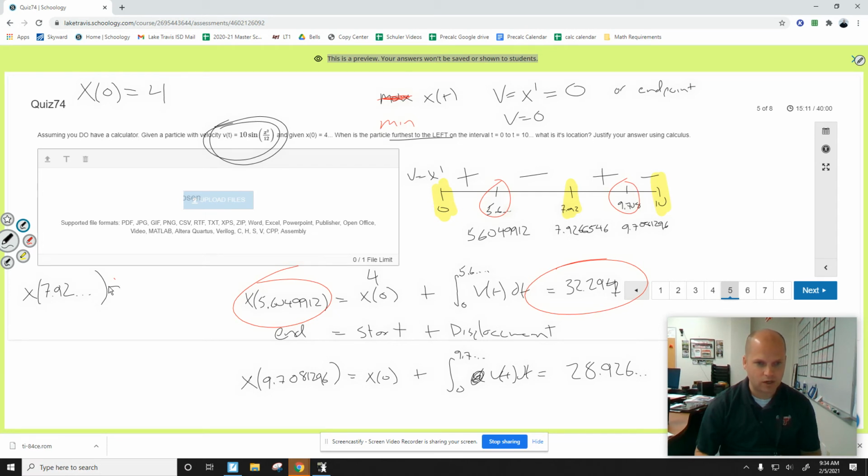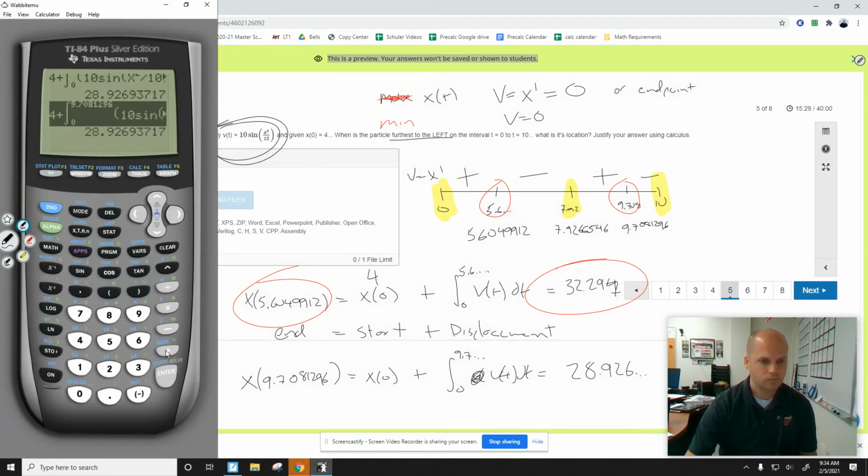It'll be the start plus your displacement. And I'm plugging in 0 here because my starting is at t equals 0. And then I'll also find the x of 10 number. This is easy to plug in, 0 to 10 of v. So let's find the x of 10 number first.